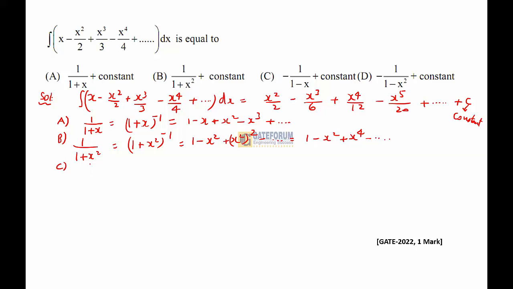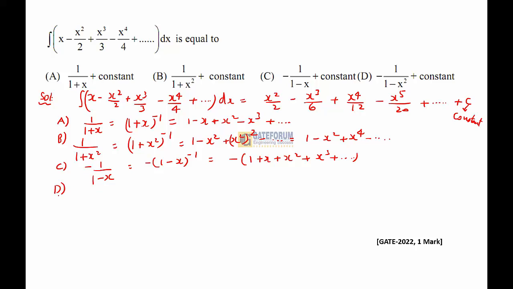C: minus 1 by 1 minus x is equal to minus of (1 minus x) whole to the power minus 1, which is minus of (1 plus x plus x square plus x cube plus and so on). This is also not equal to the value of the given integration.